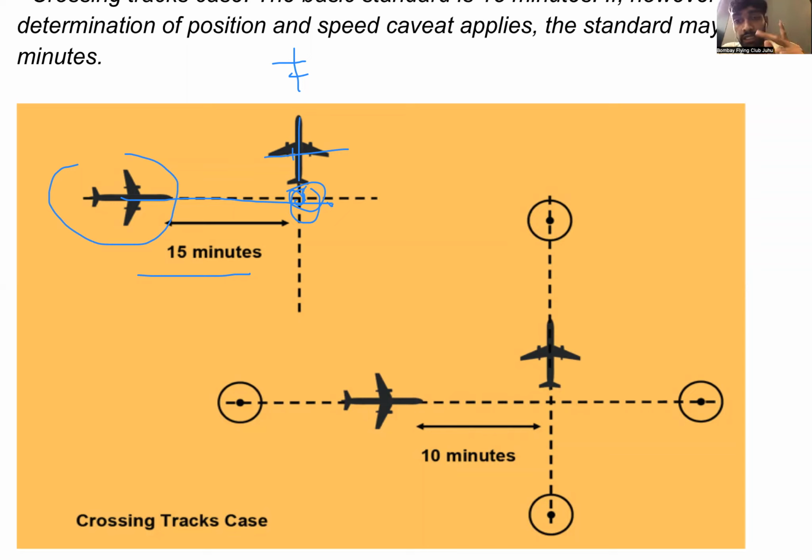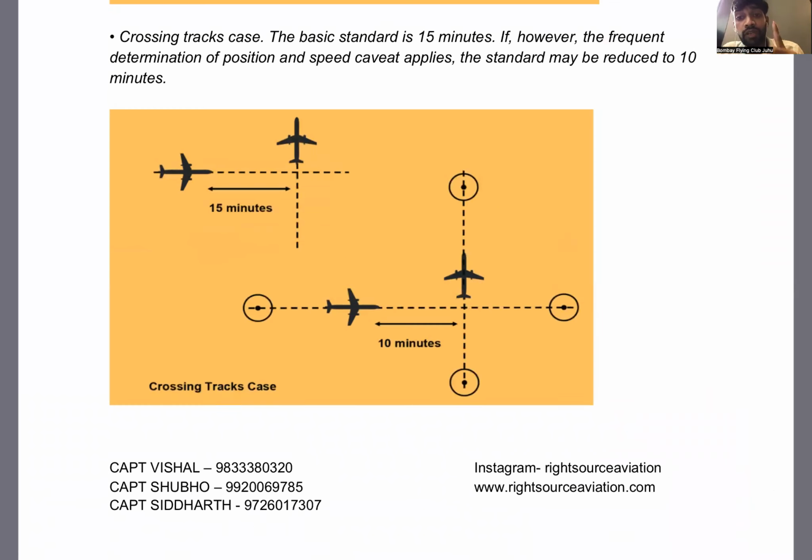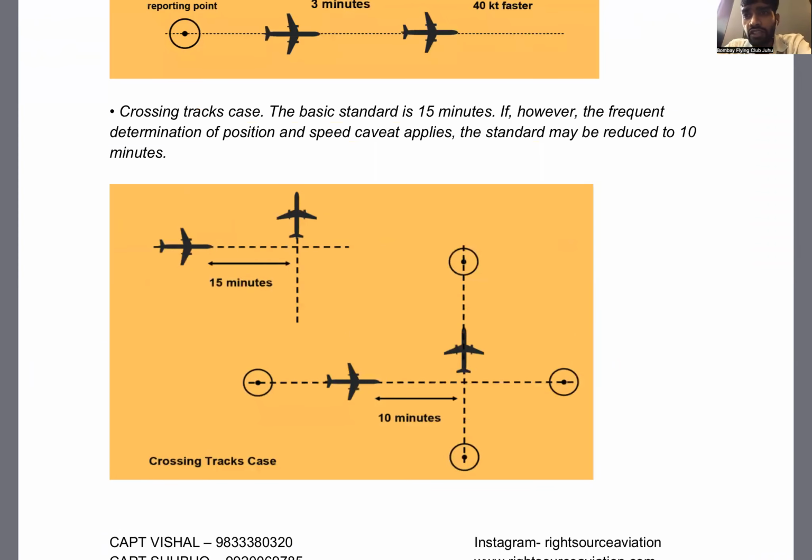Further, it can be reduced to 10 minutes if frequent determination of position and time is given to the ATC. So I'll read this. Crossing track traffic, the basic standard is 15 minutes. If, however, frequent determination of position and speed applies to the ATC, the standard may be reduced to 10 minutes.